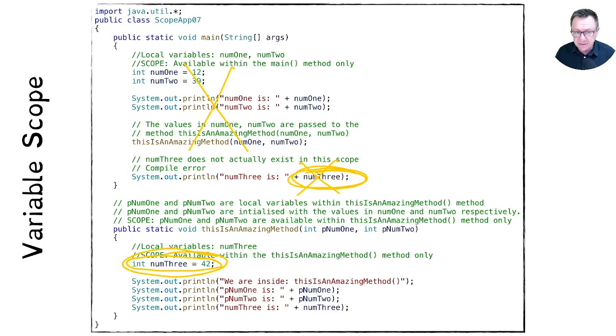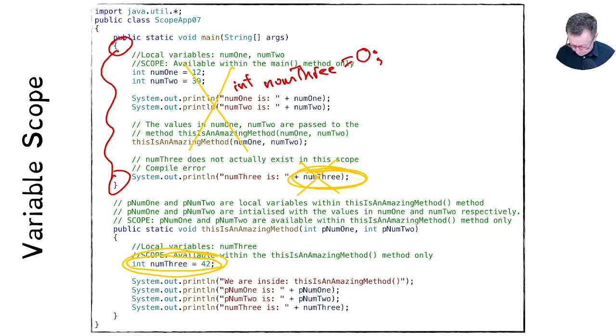What happened was we declared, I'll put it in red, int num3 has a value of 0, and that exists in here. Num3 with a value of 0. We come into our, this is an amazing method, and we declare num3 here, and we say it has a value of 42.